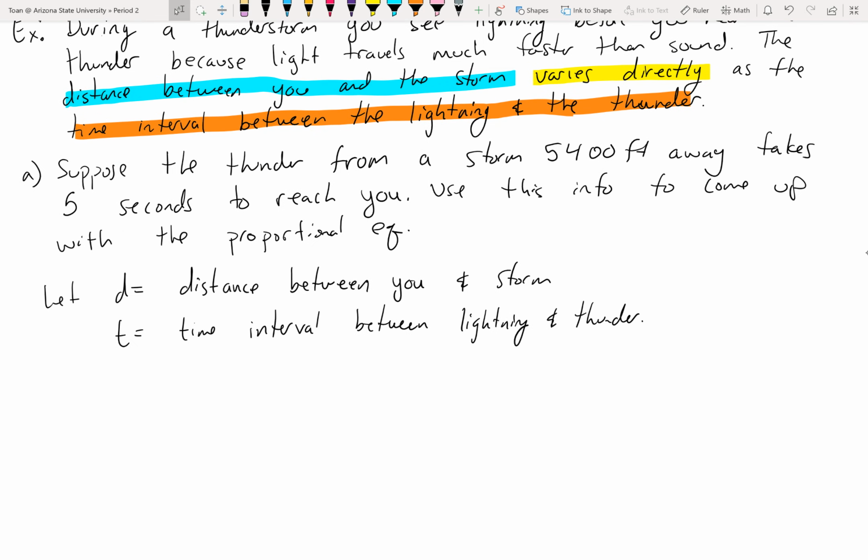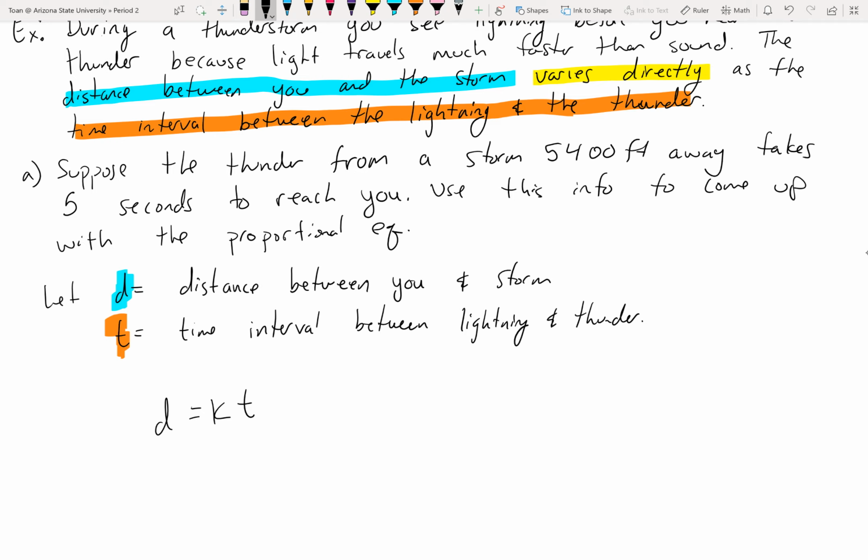So I'm going to start with blue, distance, equals K. You always start a proportional problem by equaling K. Every single proportional problem will have equals K. And then since it varies directly, I'm going to put the orange in the numerator. Voila. There is our proportional model.